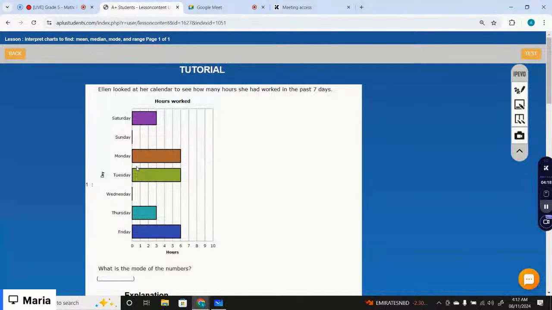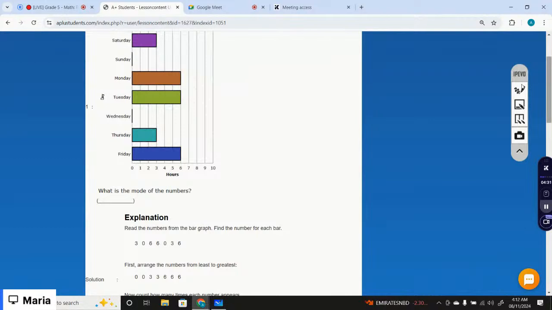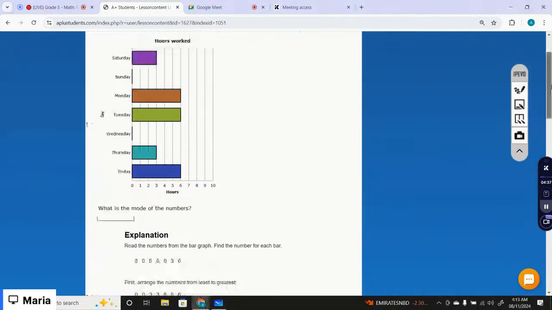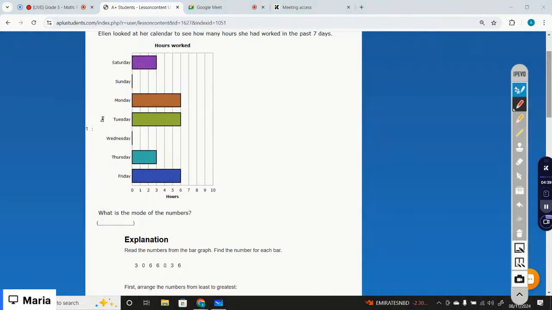Alan looked at her calendar to see how many hours she had worked in the past 7 days. What is the mode of the numbers? So you can see here is the graph. You need to find the mode value. Mode is the value that appears the most of the time in the given data. So let's just see which is the mode value.